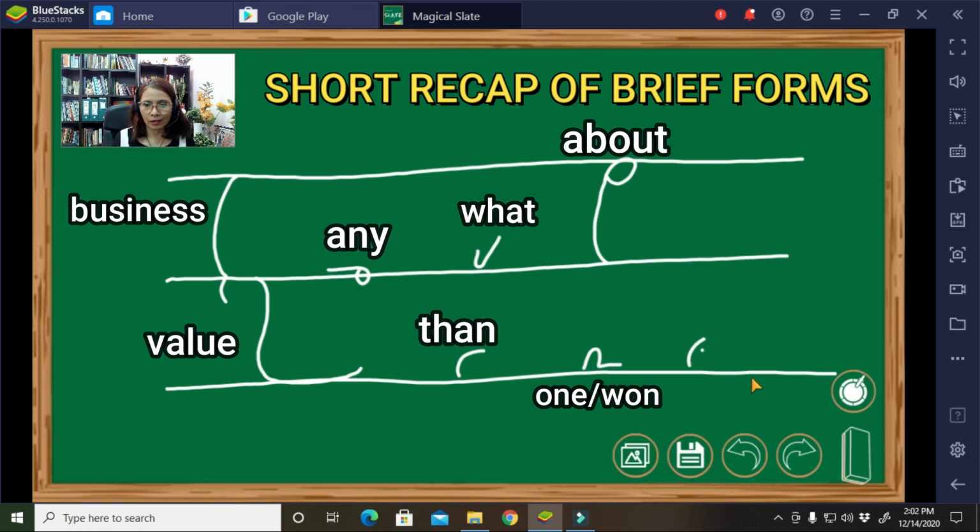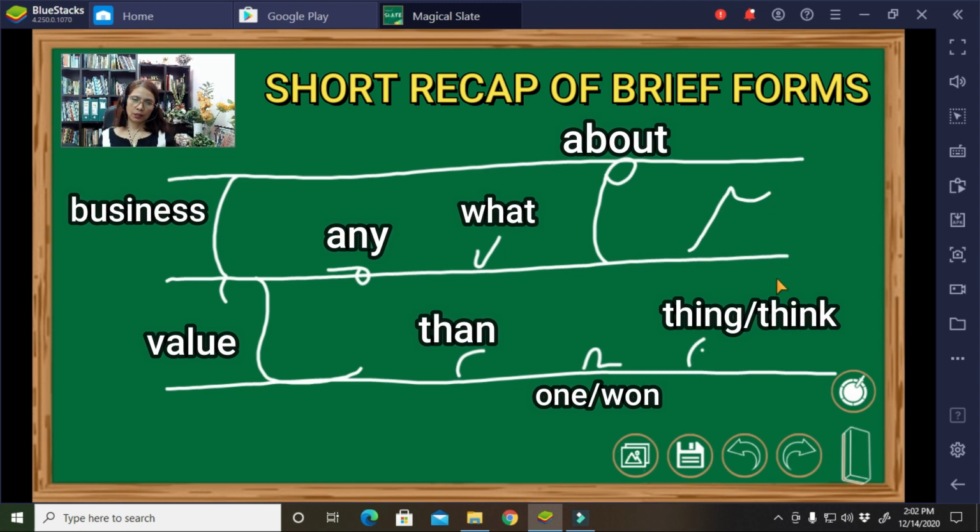It's either think or thing. Yes. And the last one, we do have the upward straight line 2/3 of the space and the symbol. What is that? Okay. So it's doctor. Those are your brief forms.